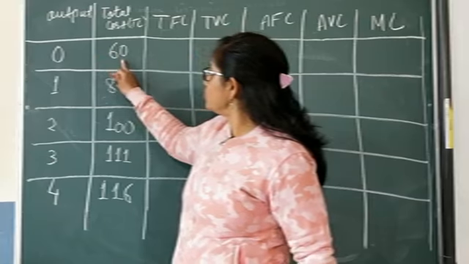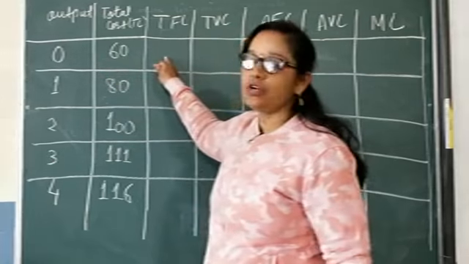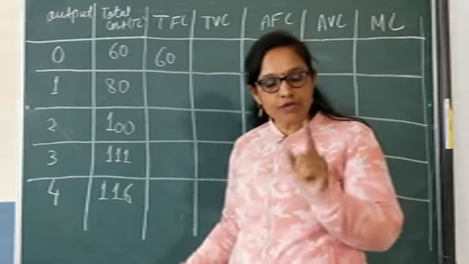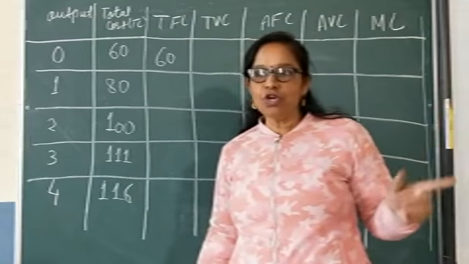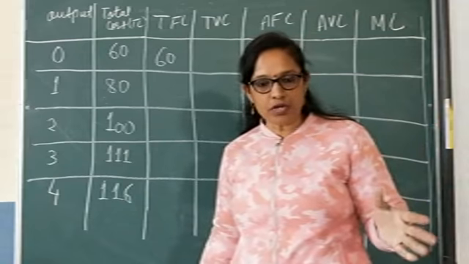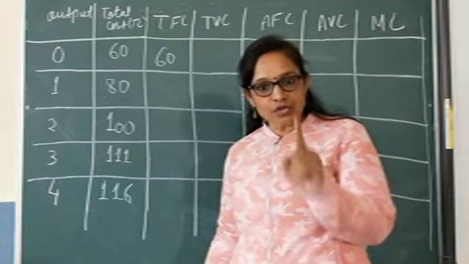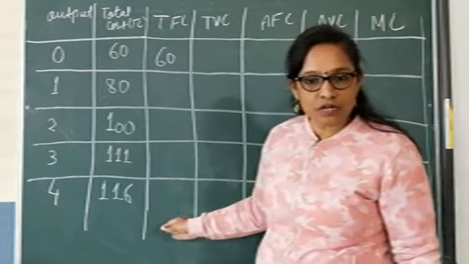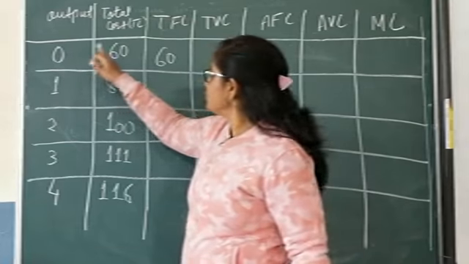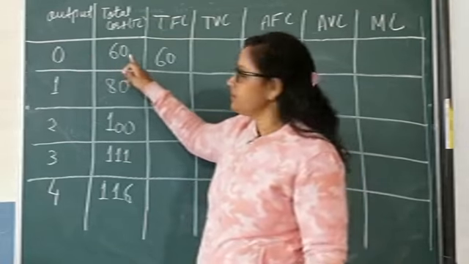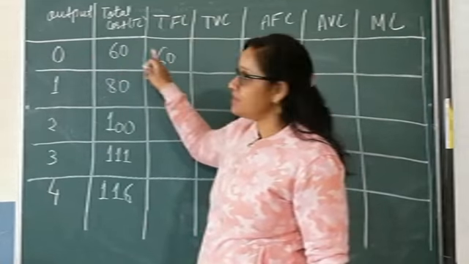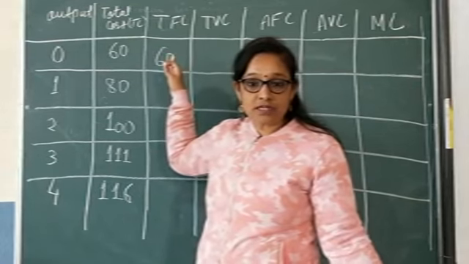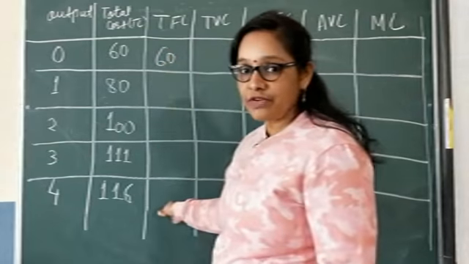At 0 level of output, what is your TC? 60. So your TFC will also be 60. I explained this when I taught total fixed cost, total variable cost and total cost: at 0 level of output, total cost and total fixed cost are the same. If it is 60 at 0 output, it does not change with the change in output. So your total fixed cost is 60 everywhere.